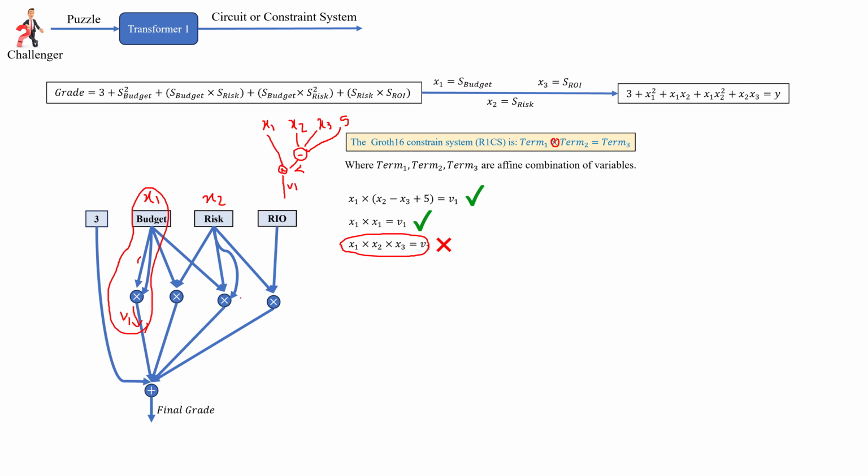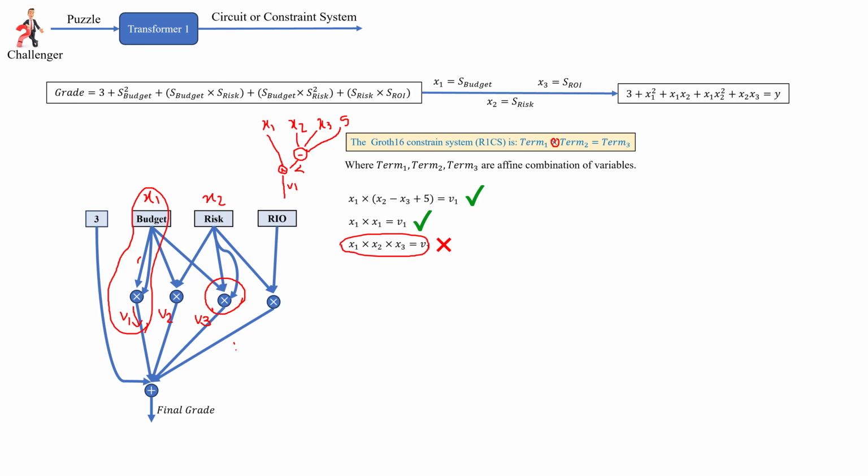So for instance, let's consider this circuit, this gate, right? So what is the architecture of this gate? Suppose that the output is V3. So this one, for instance, is V2. So the output is V3.